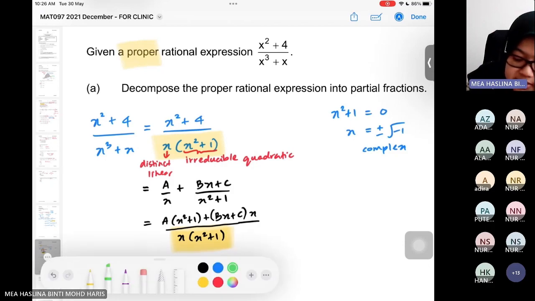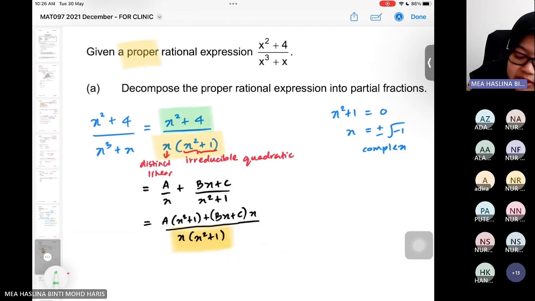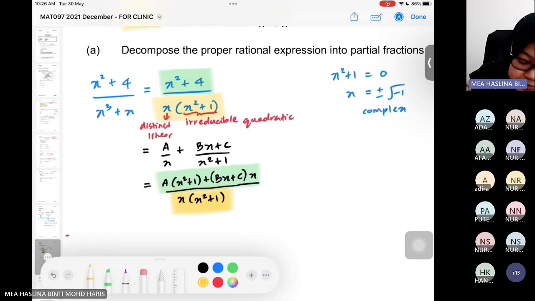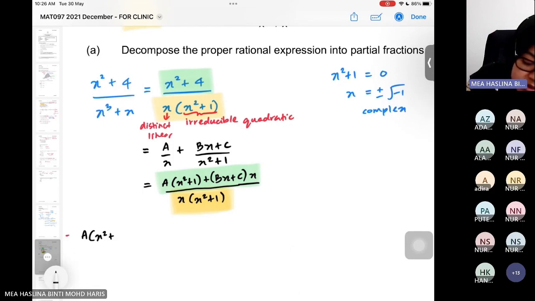Then for the numerator, you can already compare. So you can write A times x squared plus 1 plus Bx plus C times x equals x squared plus 4.